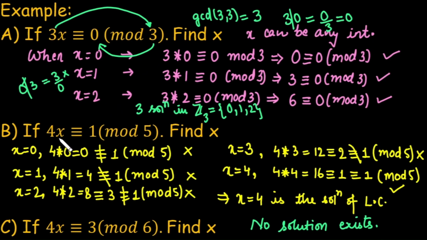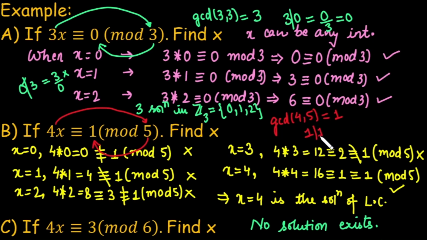In the second case, we have 4x is congruent to 1 mod 5, find x. Check whether it has a solution or not. We need to calculate the GCD of 4 and 5. So what is the GCD of 4 and 5? That is 1. Now, does the GCD divide this number?